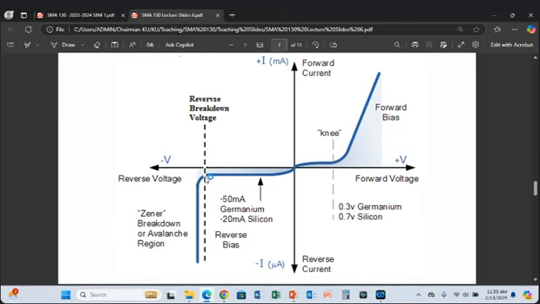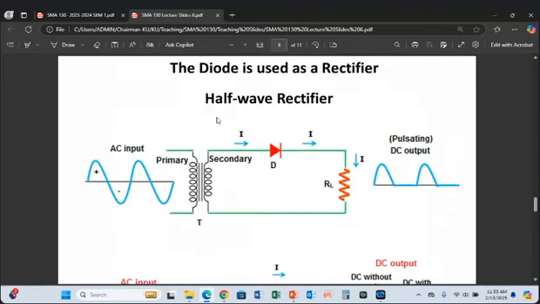If you continue increasing the voltage, the depletion layer becomes so large that the PN junction is destroyed. We call the voltage at which the diode breaks down the reverse breakdown voltage. I hope we understand that.